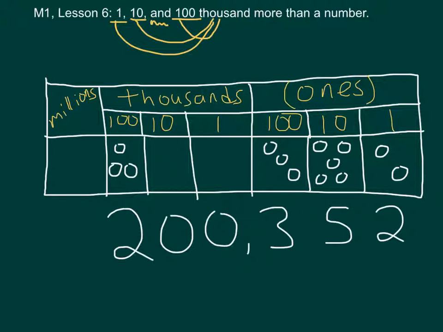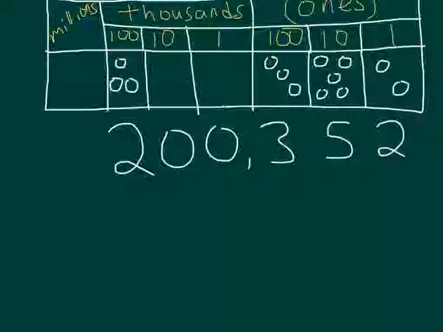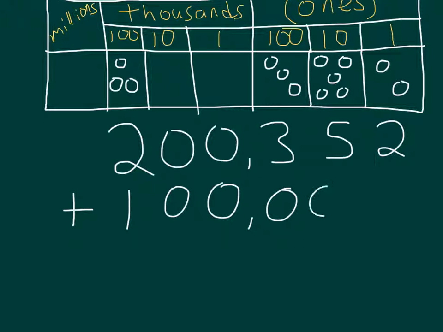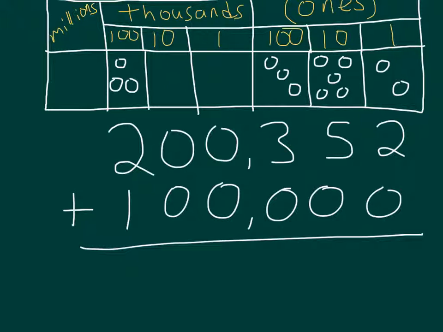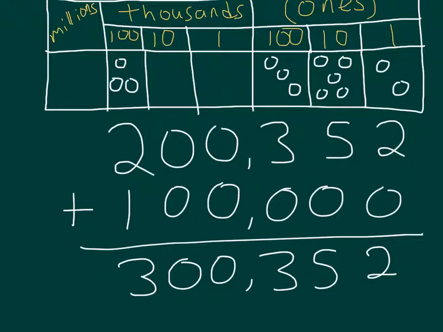Now we have 3 here, so we can finish out our equation down below. 200,352 plus 100,000 equals 300,000 and then we have 352, and it's the same as here. There's 3, there's 5, and there's 2. So we add those up. 3, 5, 2.